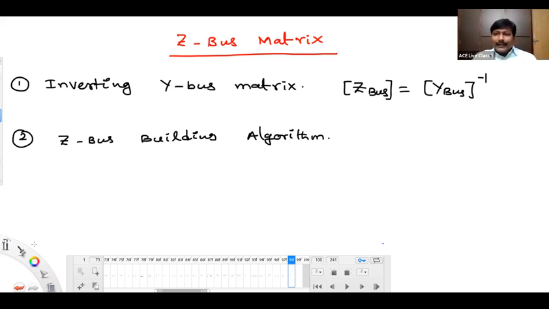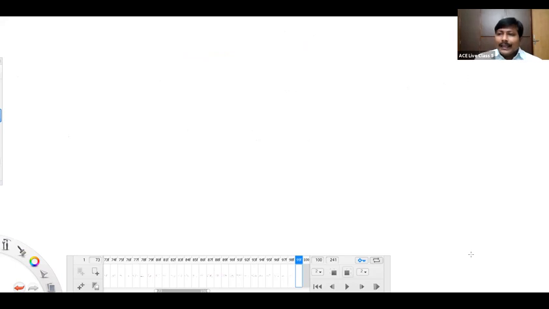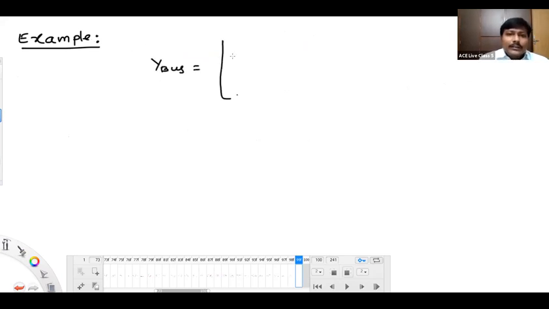Before moving ahead, initially I am taking a small example. Kindly observe this example. A power system network has a Ybus matrix, something like this. Just look here: minus j10, j6, j4; j6, minus j20, j14; j4, j14, minus j18.